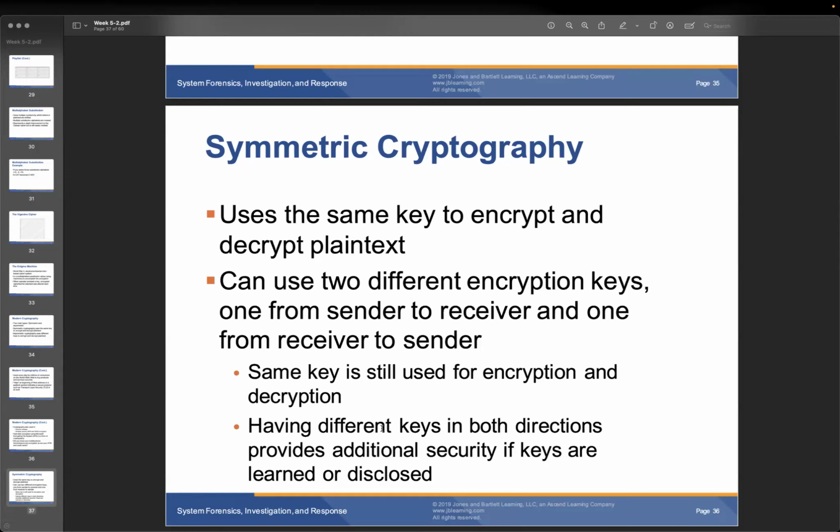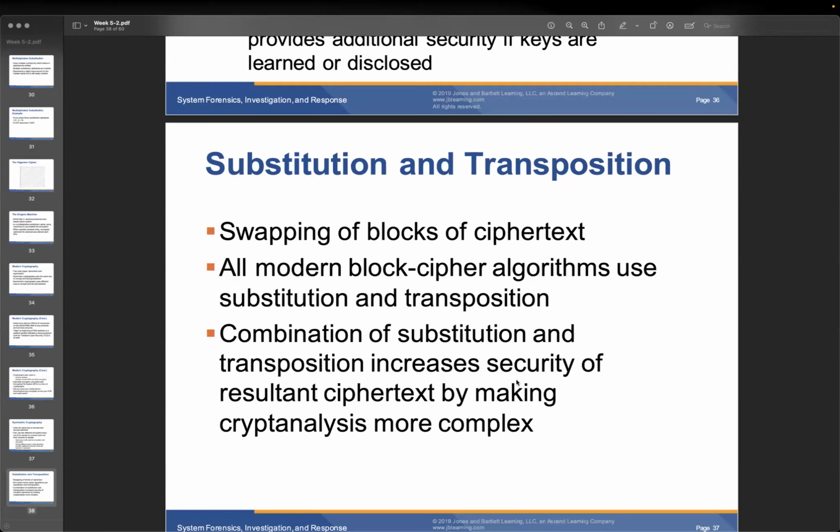And we have substitution and transposition. Maybe we will swap the blocks of ciphertext. All our modern block cipher algorithms use substitution and transposition. By combining substitution and transposition, we can increase the security of the resulting ciphertext and make ciphertext analysis more complex.